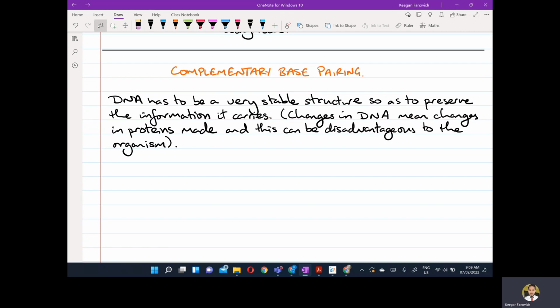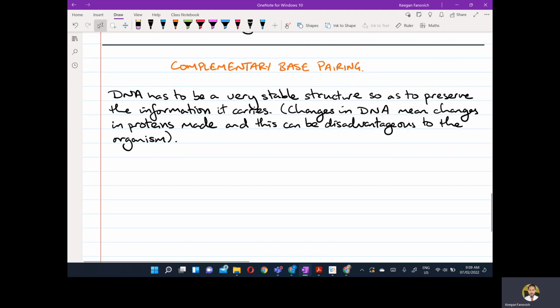Now, in order to do this, right, DNA actually has to exist as a double strand, right? It actually has two strands when you look at DNA, right? So DNA will exist as a double-stranded antiparallel helix.